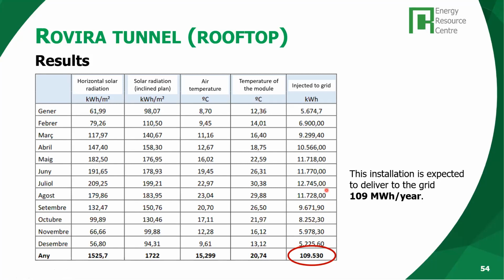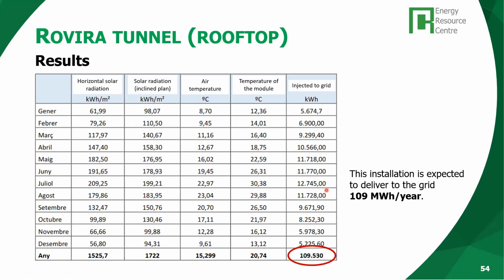Yes. The efficiency of the module in winter is higher than in summer, but in summer we have more and more radiation, and this is the reason why we are producing much more energy. But if we check only the efficiency of the module, it is lower because of the temperature of the cell.